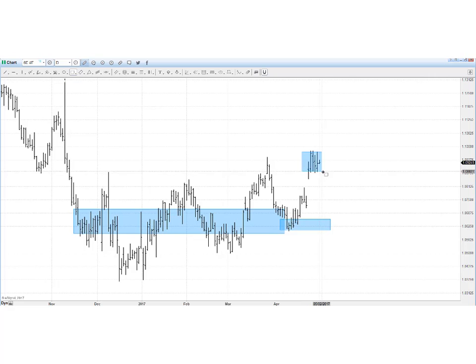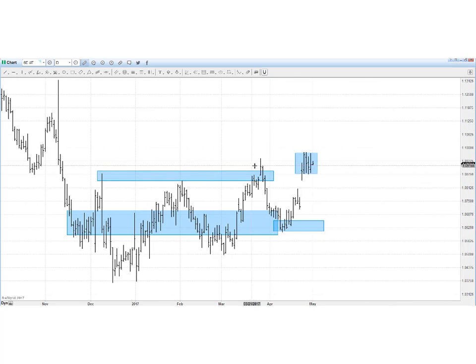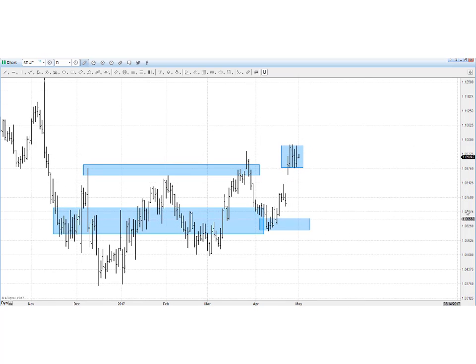This balance area is at a previous pivot high that was part of the attempt to take out this upper extreme of this balance area that initially failed, came down and tested the high volume node. Now this market has traded back up into that area, and it's formed a balance area. So this gives us an opportunity to take this trade.